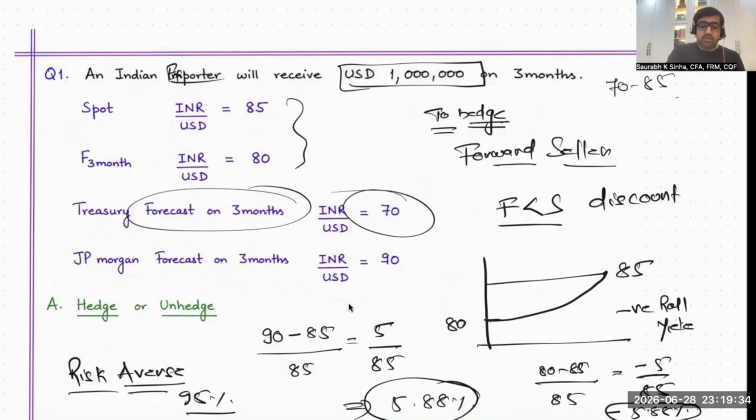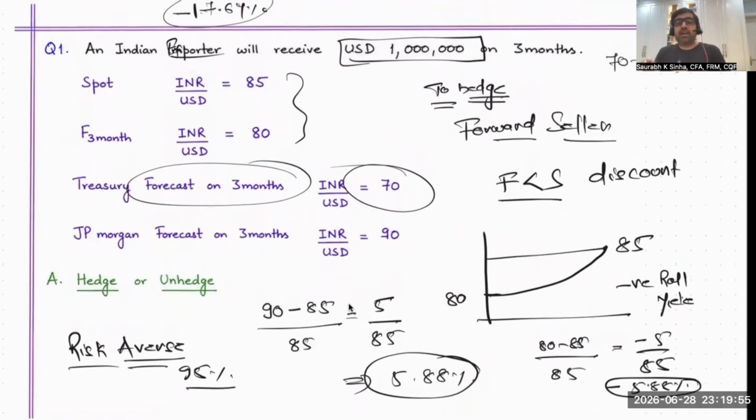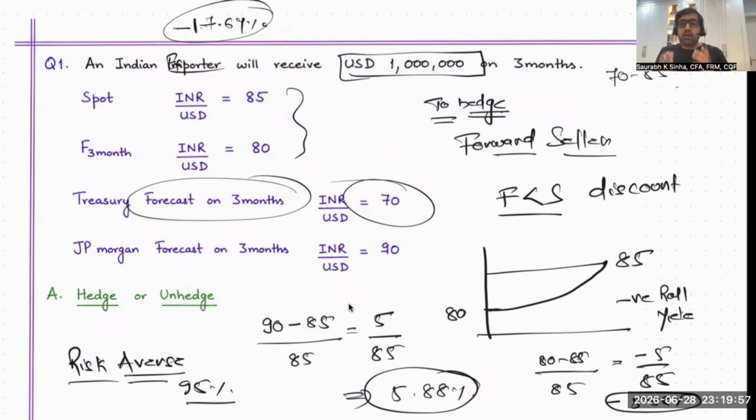So minus 15 upon 85 will make a 17.64% loss. That is the loss if you keep your position unhedged. However, in hedging, you're only incurring a cost of 5.88%. So why not hedge? Why incur such a huge loss and keep your position open and not hedge? A 17.64% decline in this value, right?